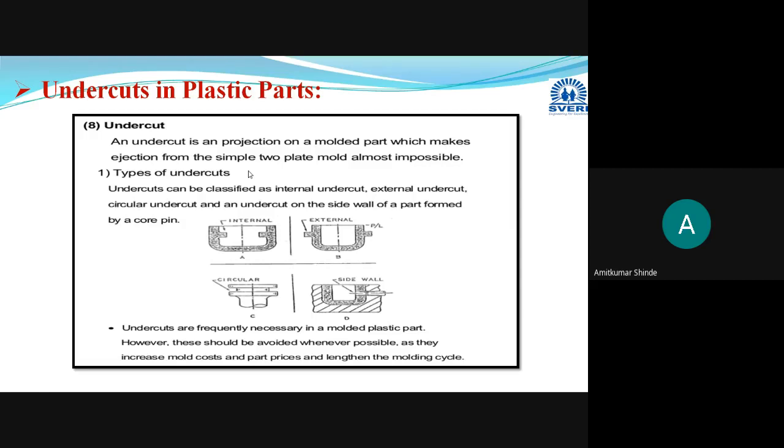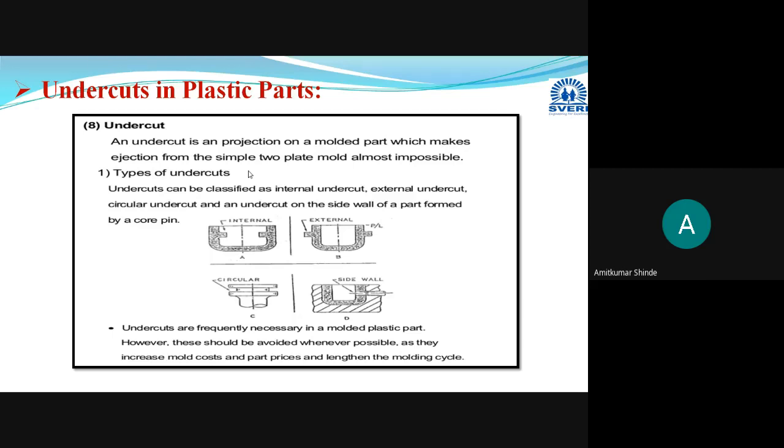Whenever an undercut is there, it will increase the cost of the mold. And the second effect is that the presence of these undercuts will increase the lead time or cycle time of the molding process, which results in an increase in the price of the final product.